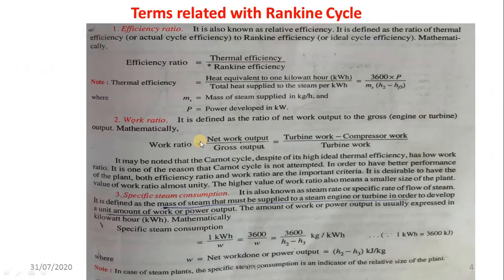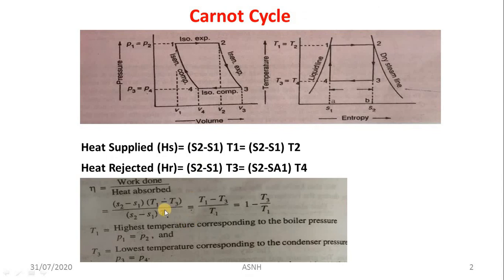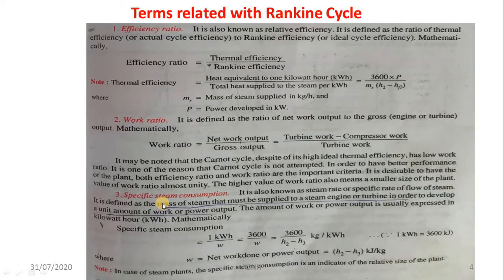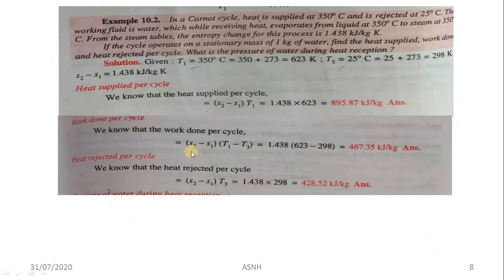Also, in previous slides the formula of the work done is S2 minus S1 into T1 minus T3. So I just put the value of S2 minus S1 into T1 minus T3. The value of S2 minus S1, that is change in entropy, is already given in the numerical, and the values of T1 and T3 are also given in the problem.